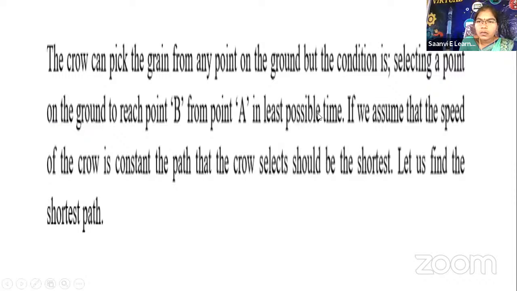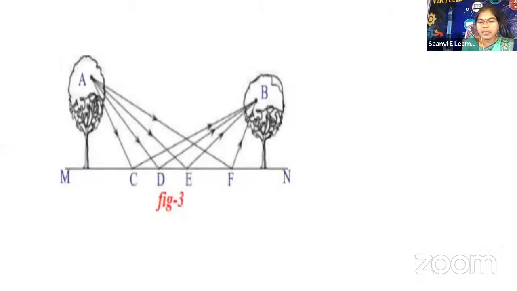Now, this crow should take the grains on the surface MN and reach point B. Here we have to identify the shortest path to take that grain. That we have to find in this. Now you can see this figure properly.